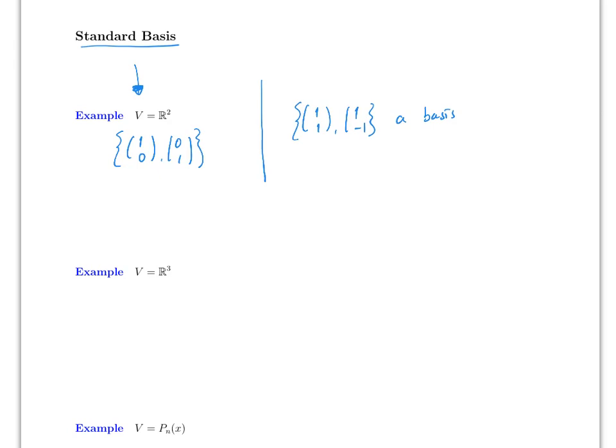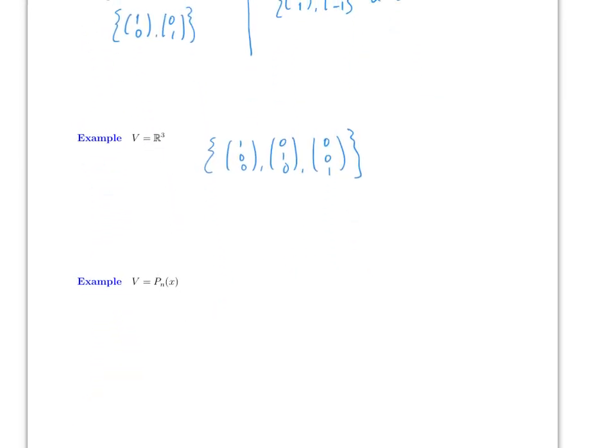For 3 dimensions, the standard basis is 1, 0, 0, 0, 1, 0, and 0, 0, 1, which is just an extension of this one. If you have polynomials of degree n, remember that a polynomial in this case looks like a0 plus a1x plus a2x squared, and so forth, all the way to anx to the n.